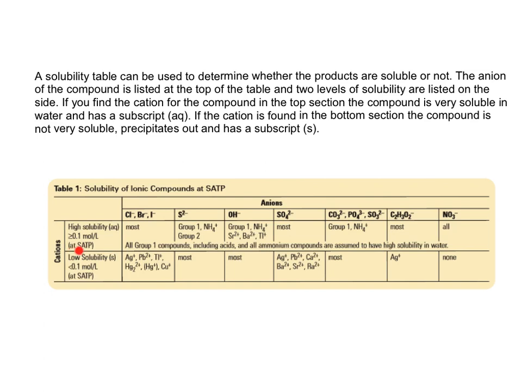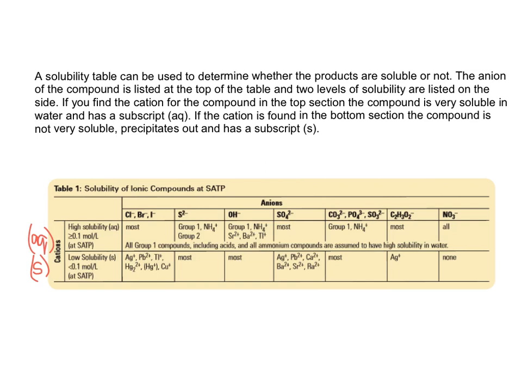If you find your cation in this lower part here, then it is a solid. It is low solubility, so it's not soluble. So cations, again, the positive part of your compound. If it's not soluble, low solubility, it's got an S subscript. And if it's at the top, it has high solubility, it will dissolve.